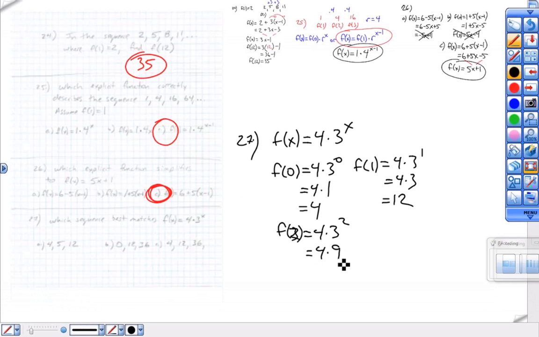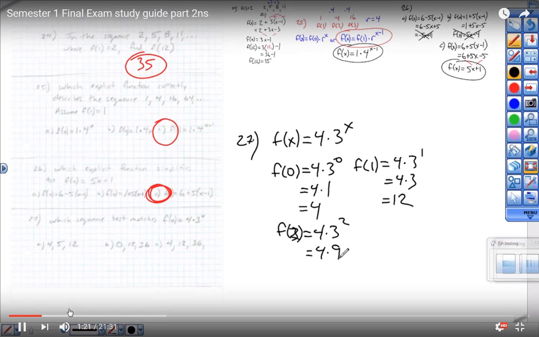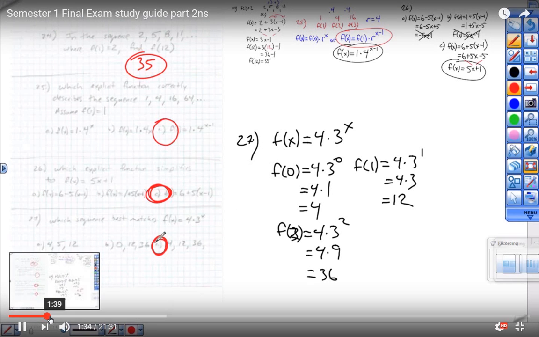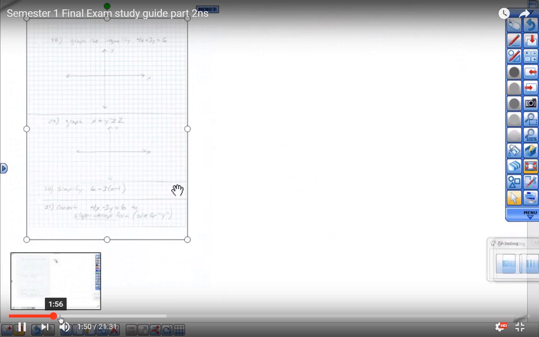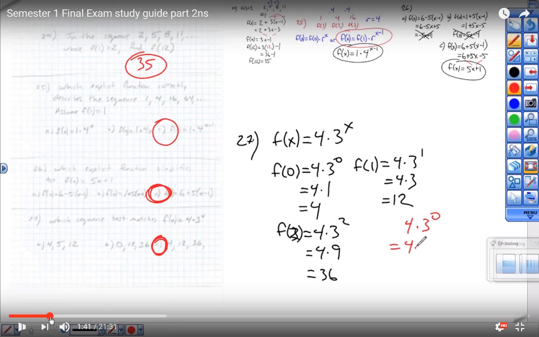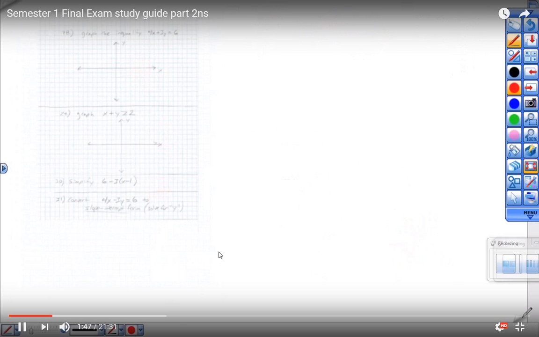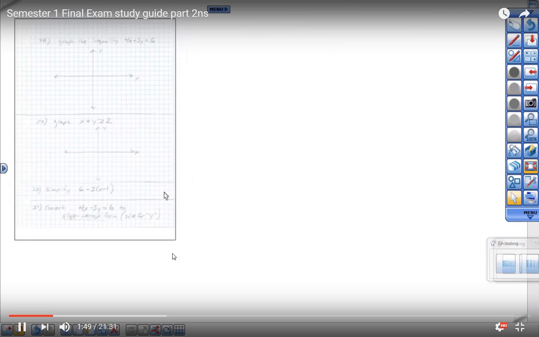And of course, the right choice for that one, 4, 12, 36, is going to be choice C for that one. And again, I'm showing you the common mistake of thinking 3 to the 0 power is 0. So that's not the case.